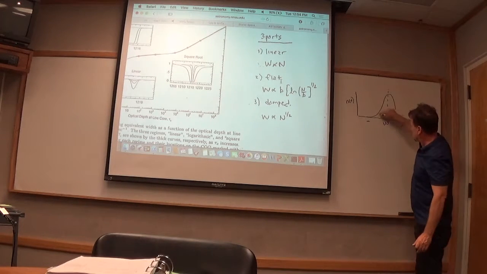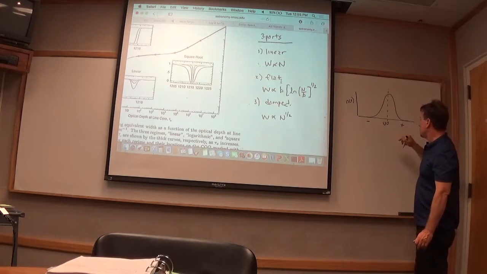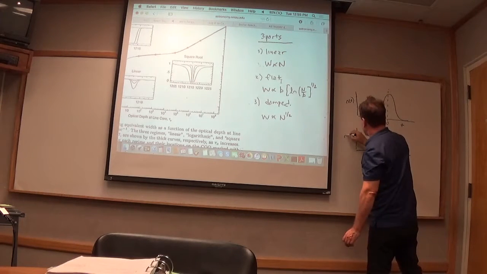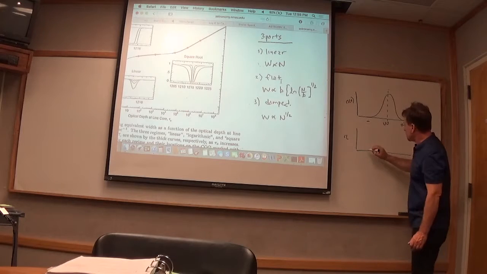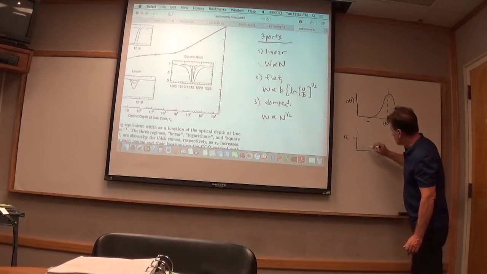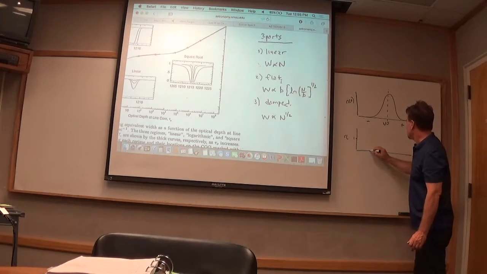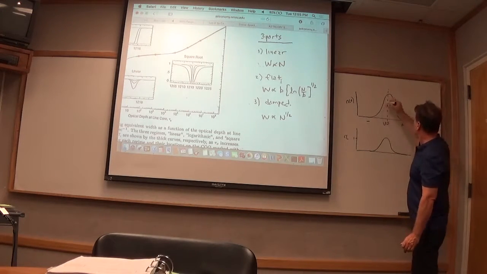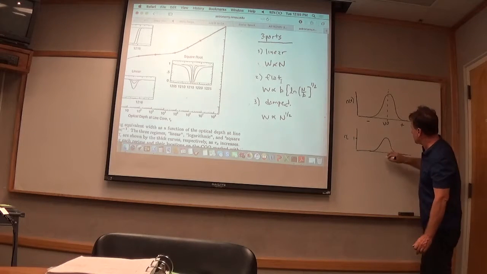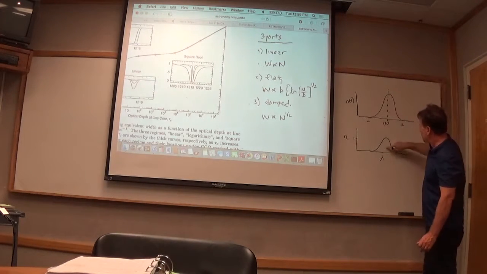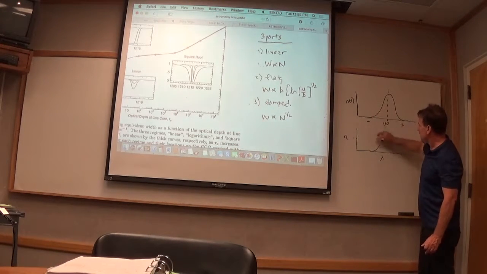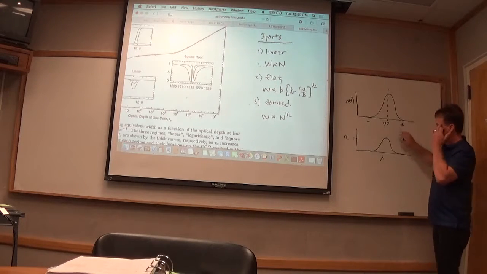Notice that there are very few atoms moving away from you at high velocities or toward you. So your optical depth is going to end up looking something like that, basically following this, because there are more atoms at that velocity, there is more optical depth because there are more absorbers. And there are very few moving toward you at high velocity, so the optical depth is small, etc.